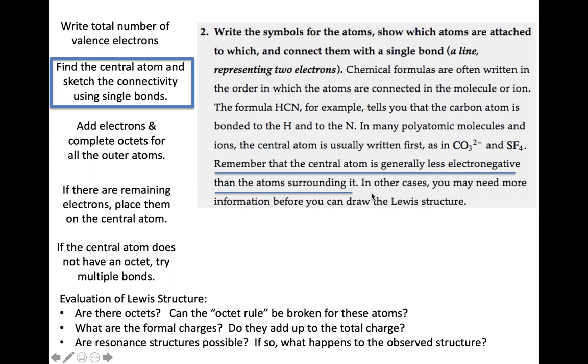Generally, the atom that we put in the center is the least electronegative. Carbon is less electronegative than something like fluorine. Carbon is more likely to be found in the center. Let's see if that holds up, but that's a really good clue that will help us out.